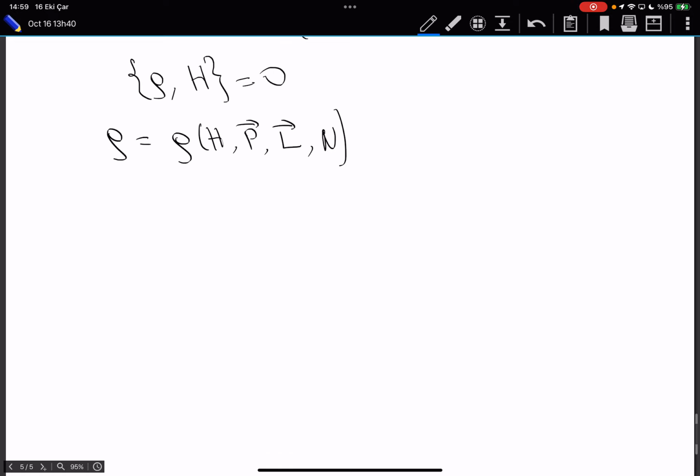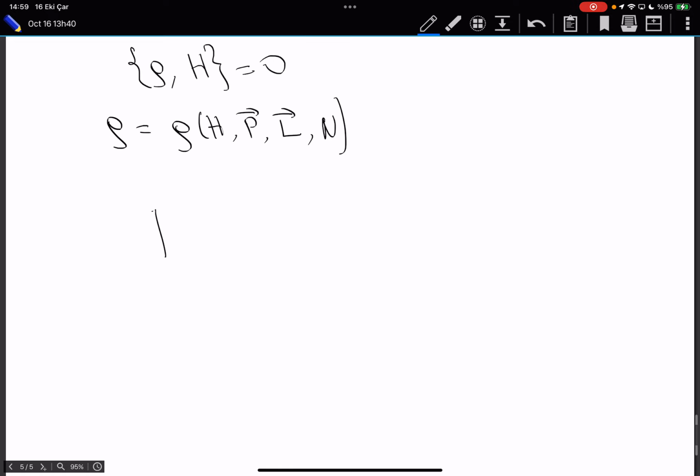Now let me ask a question. Let's say that I have two systems, and they each have densities in phase space. The first one is rho 1, the second one is rho 2. What do you think will be the density of this combined system in the combined phase space?